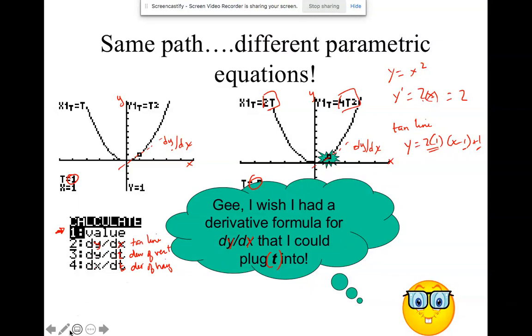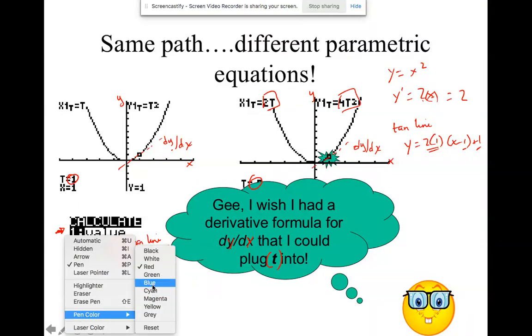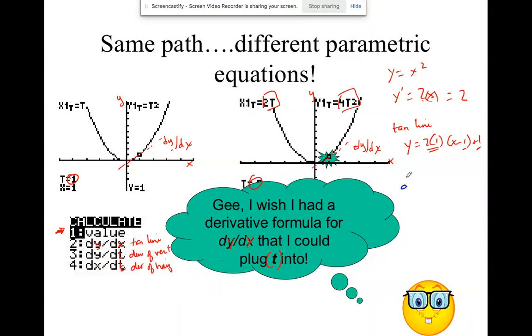So what are you going to get for dy dt? Well, remember, dy dt is the derivative with respect to t of the vertical. What is the derivative of 4t squared? What is the derivative of the x component with respect to t?